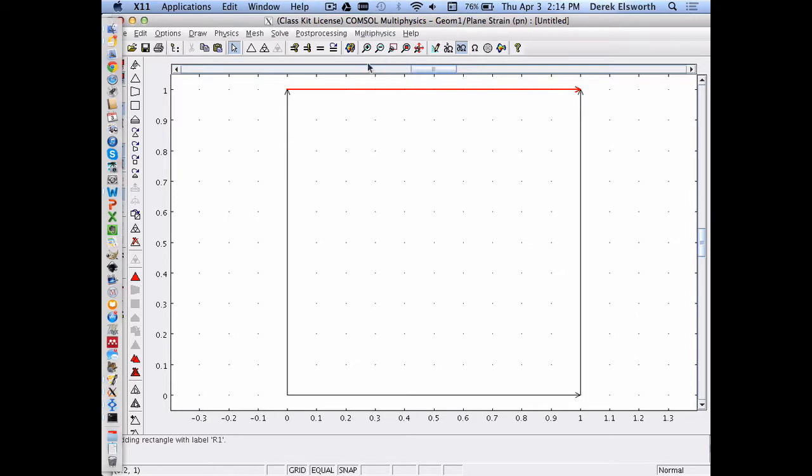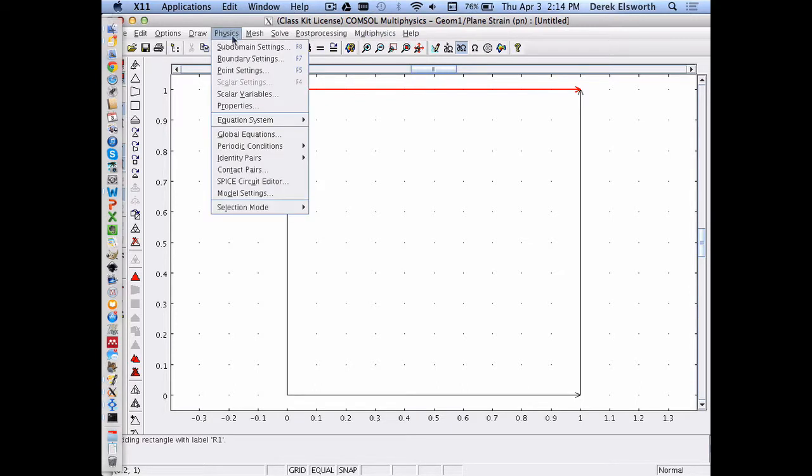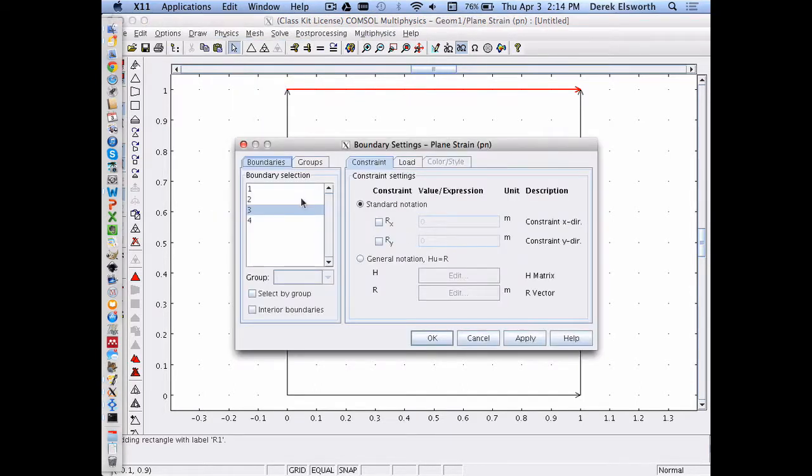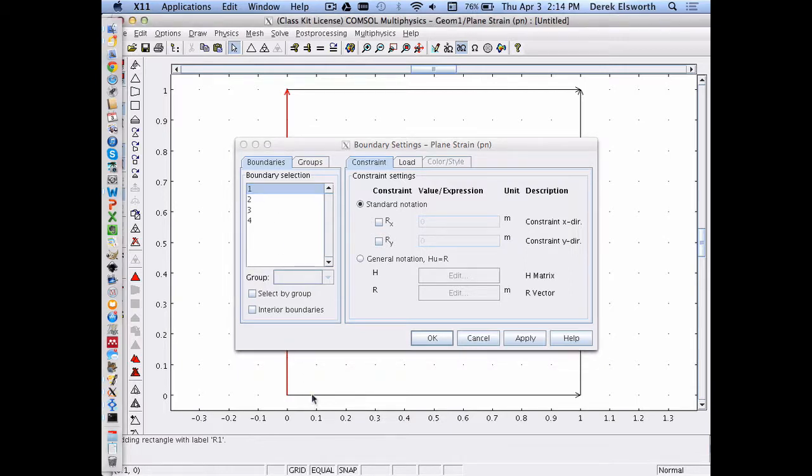We'll race against time here. Physics, boundary settings. For our geometry, we have Poisson ratio of 0, so it doesn't matter. We can put 0 displacement on all these boundaries.